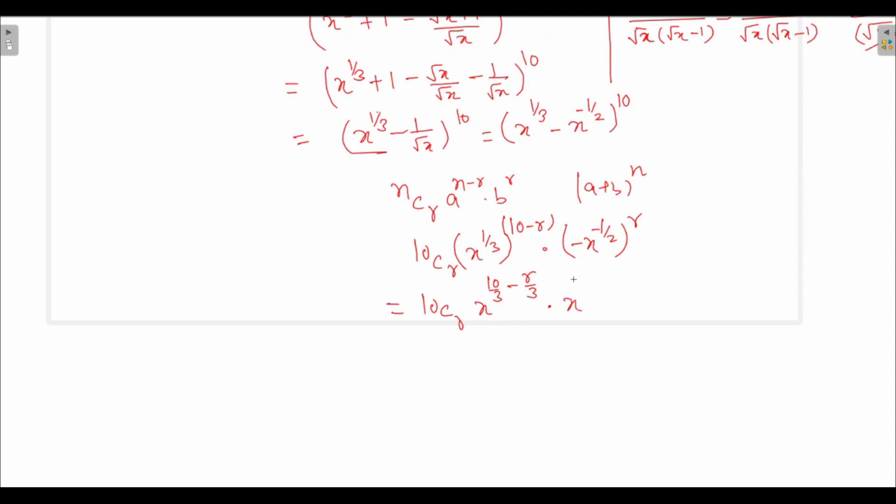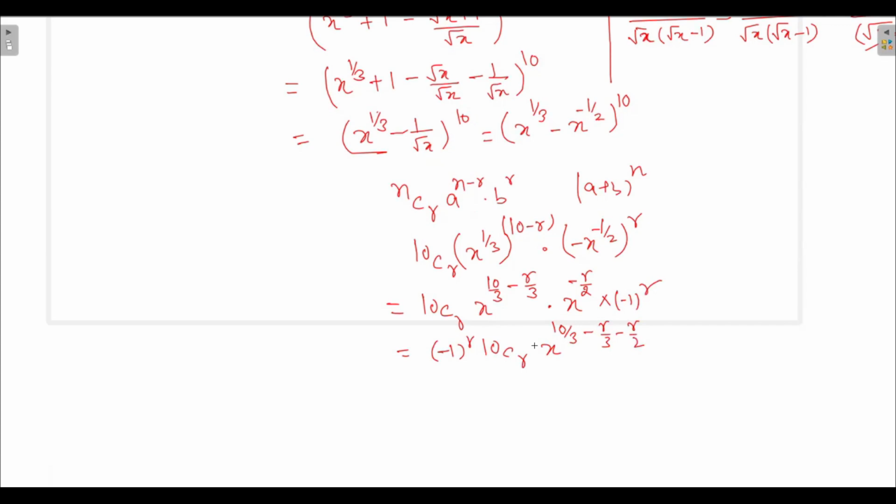So at first I'll write x raised to the power minus half into r, which will be minus r by 2, into minus 1 raised to the power r. This is what it is. Now I'll just use this expression again: minus 1 raised to the power r, and this will be 10CR, and then x raised to the power 10 by 3 minus r by 3 minus r by 2. So this is what is my expression.